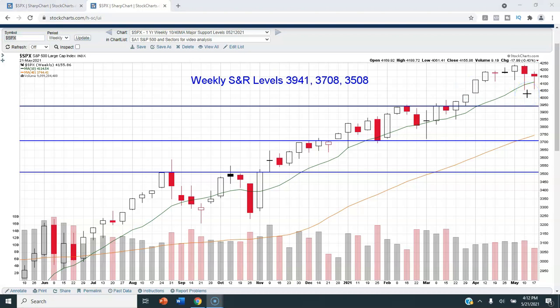Now, if at some point in the not too distant future we start to see weekly closes on the S&P 500 below the 10-week moving average, the next major level of support is going to be found around this 39.41 level. That's this blue line right here. You can see there was a few weeks of support and resistance right there. Below that is going to be the 40-week, very equivalent to the 200-day moving average.